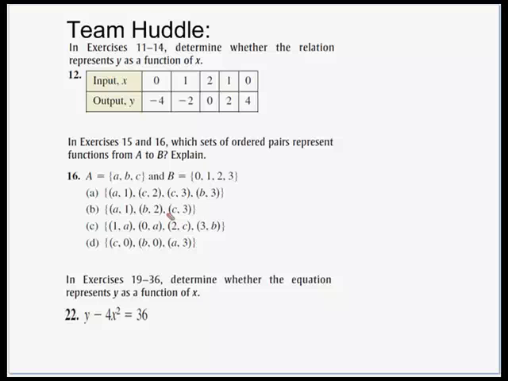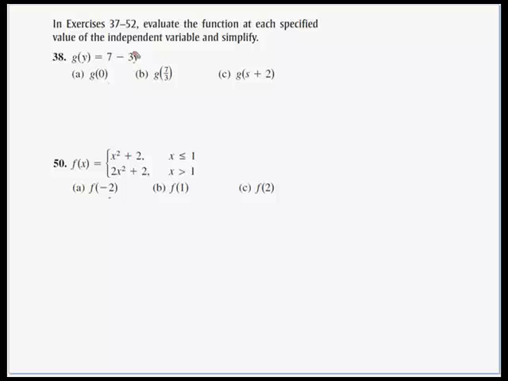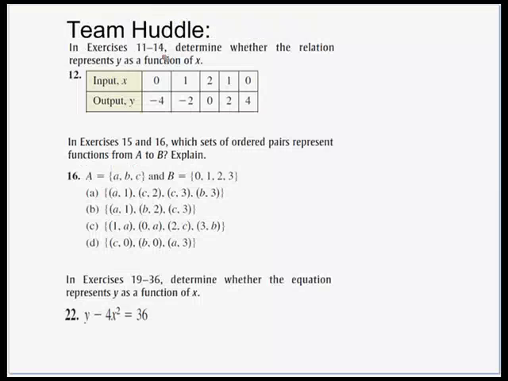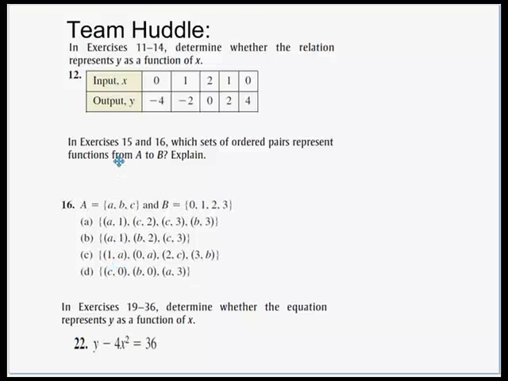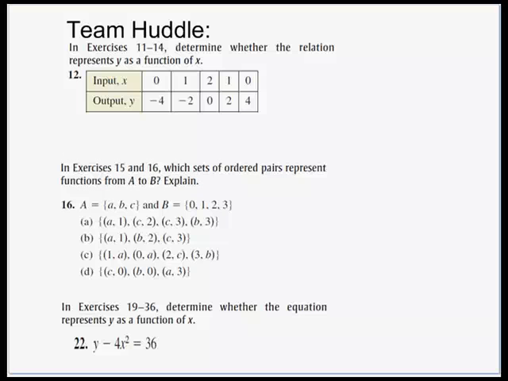That's another good one. 22, determine if an equation represents y as a function of x. And then here we have some evaluate. You know, the first one is just evaluate in the g function. 50 is a piecewise defined. So pause the video, try the huddle problems, and then fire it back up and see if your answers were right.